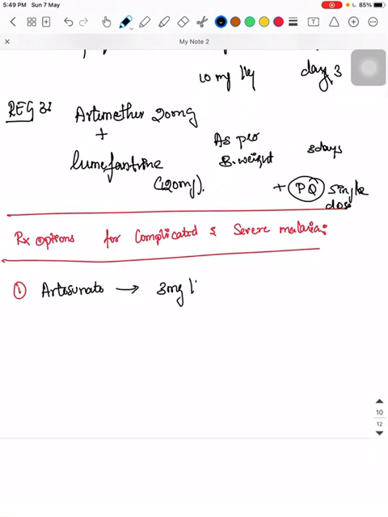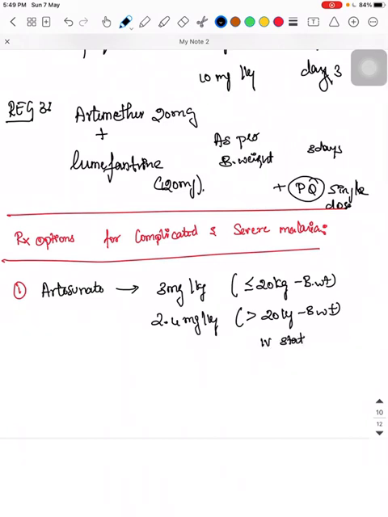To make it simple, I have written only one regimen, which we use all over the states of India except the northeastern states. You start with artesunate. It is given at the dose of 3 mg per kg in children with body weight of less than or equal to 20 kg, and 2.4 mg per kg when they are more than 20 kg of body weight.